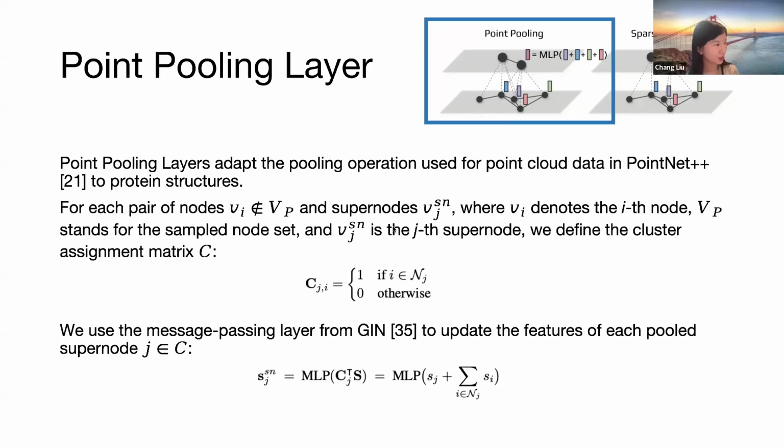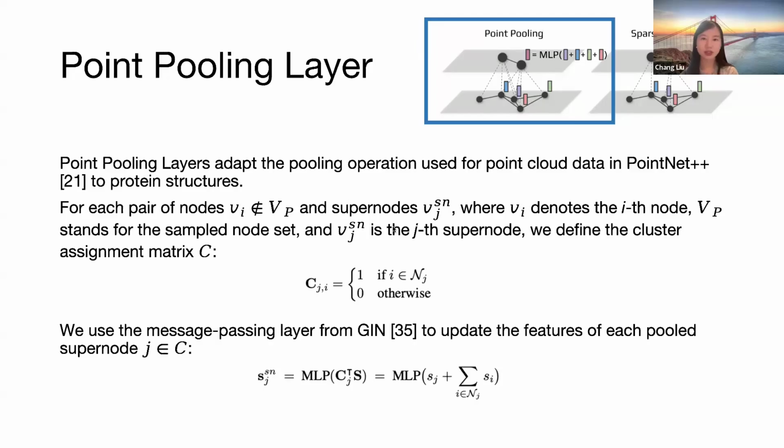Vi denotes the ith node, Vp stands for the sampled node set, and V superscript supernode, subscript J, is the jth supernode. We define the cluster assignment matrix C as C subscript Ji equal to 1 when the ith node belongs to the neighborhood of the jth supernode. Otherwise, it is set to 0.